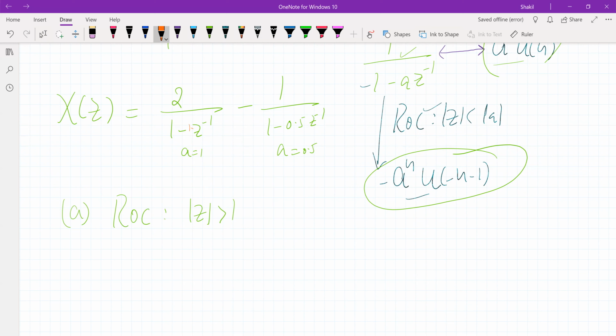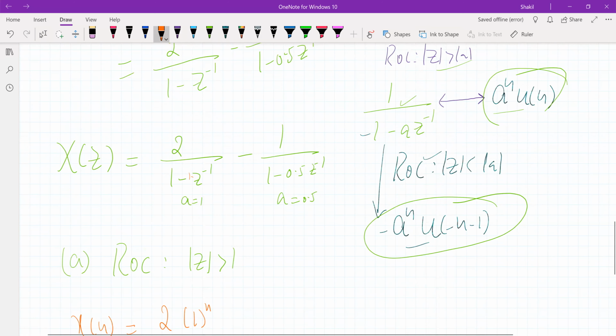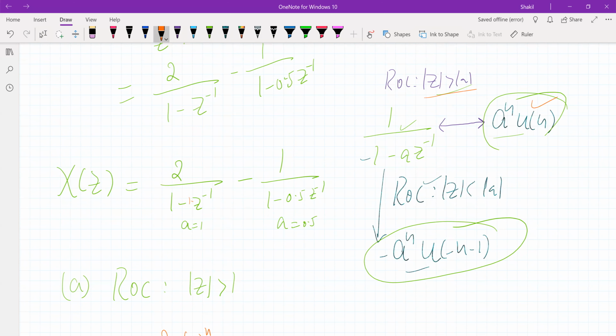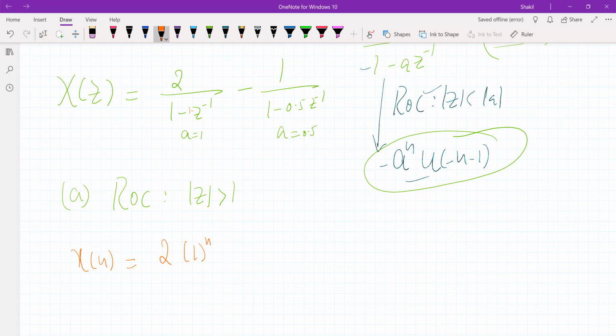Here a is equal to 0.5, here a is equal to 1. You can write x of n from this. You can say this is 2 into 1 raised power n u of n, so you can resort to this formula because it's saying it is outside that circle, and here a is equal to 1. You can say this is 2 u of n minus 0.5 raised power n u of n.